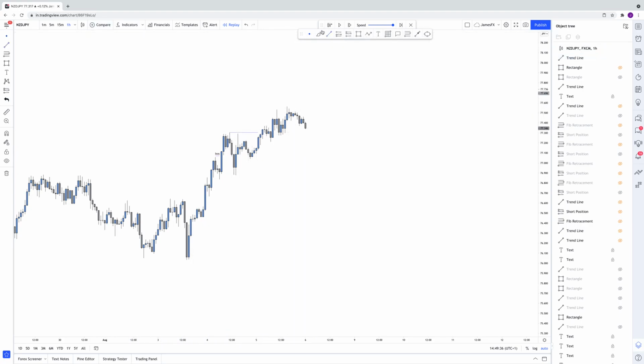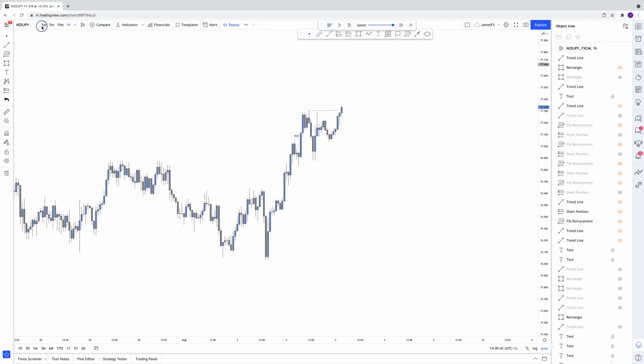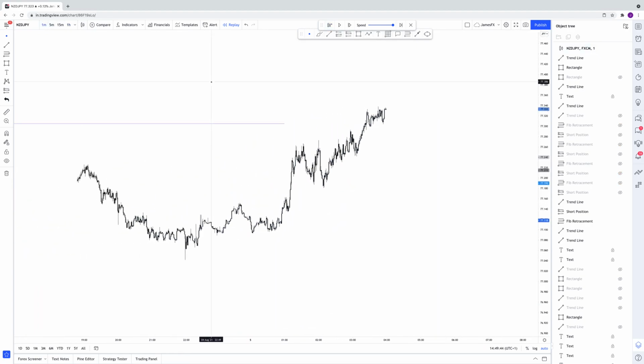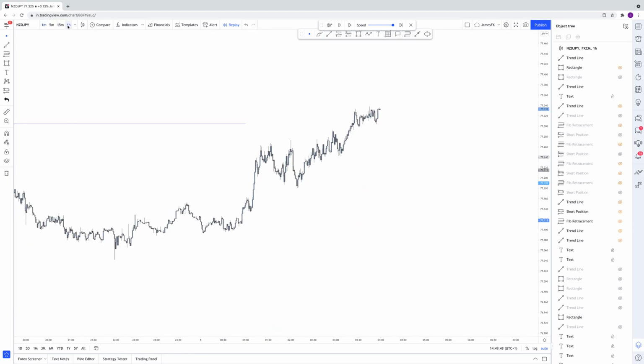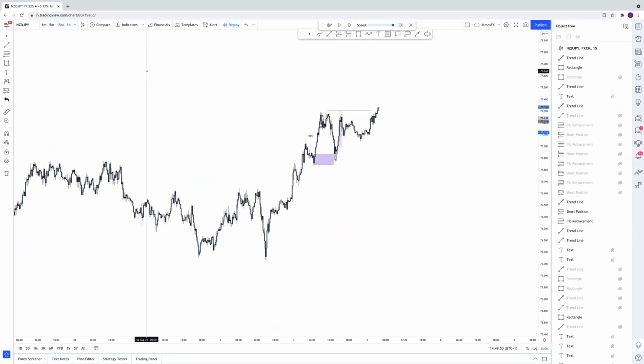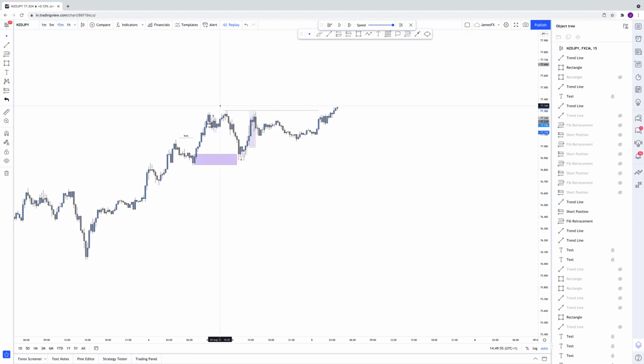If I just take it back to once price took that high out, and we go to the 1 minute, if we can find our entry, where is it? Okay, so we go to the 15.